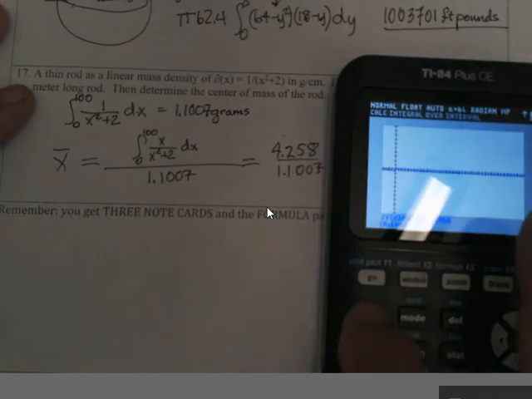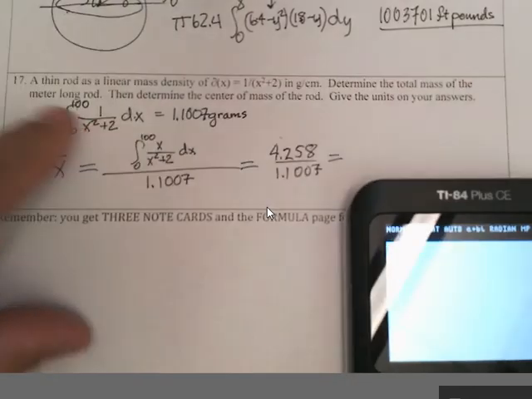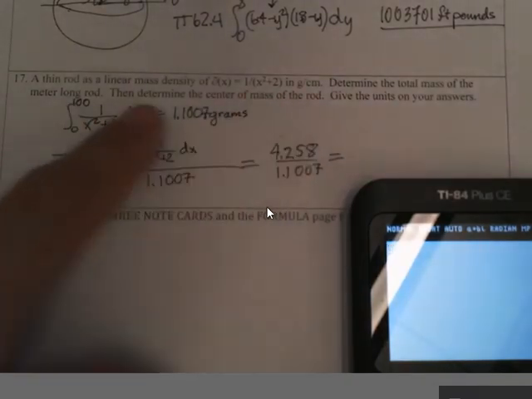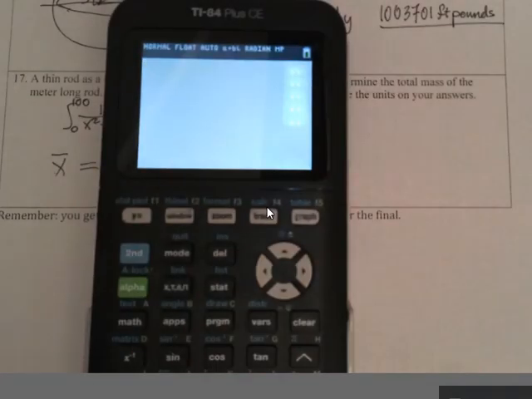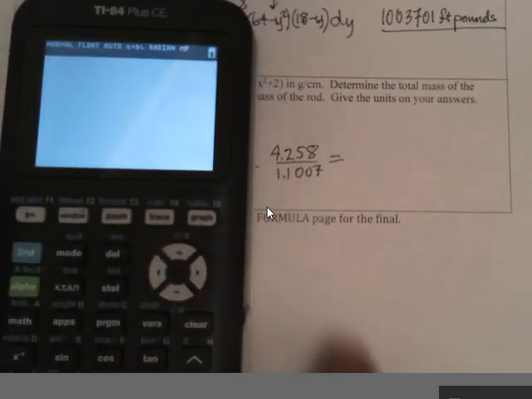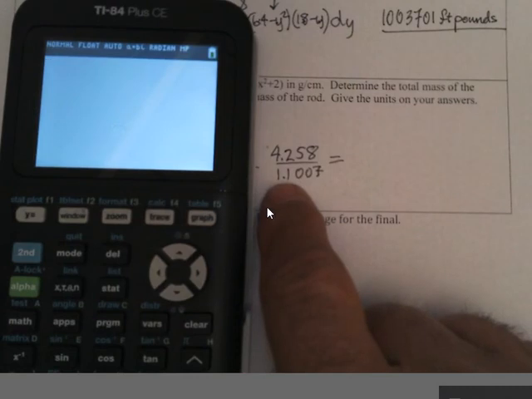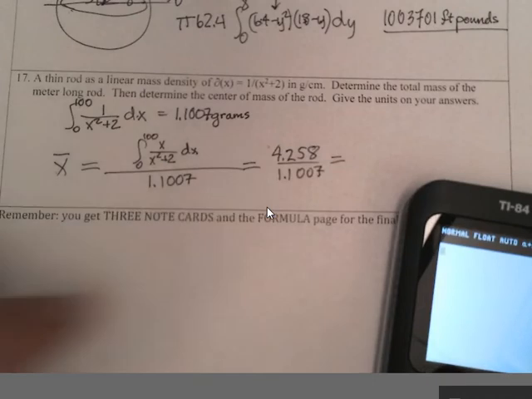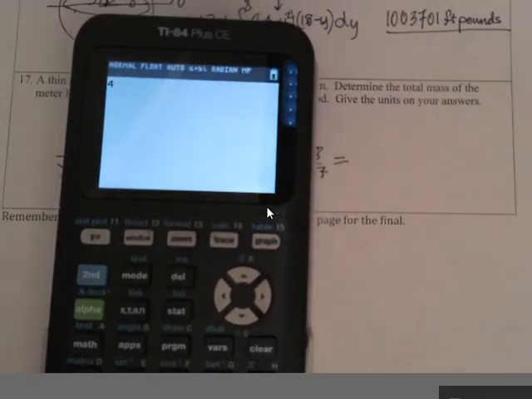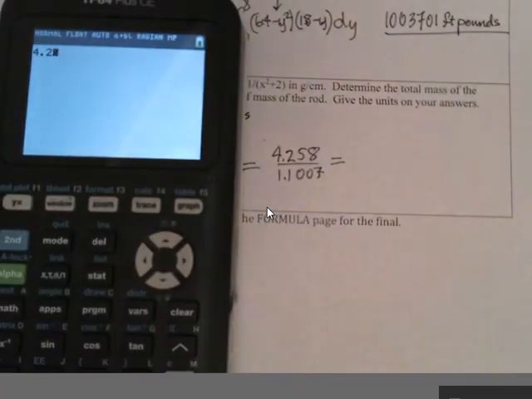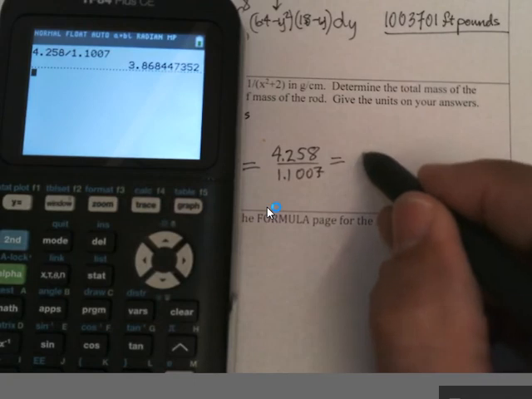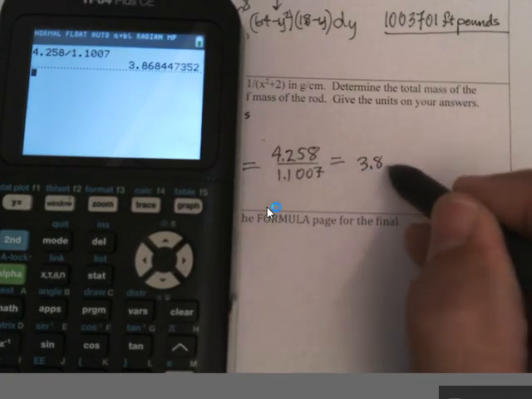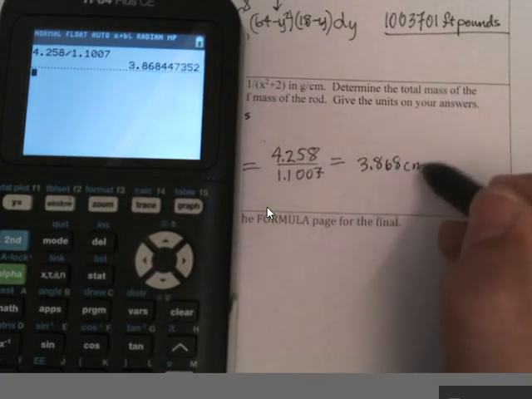And that comes out to be, second quit, it should be somewhere between 1 and 100 centimeters. So it comes out to be about 4 centimeters, a little less than 4 centimeters. 4.258 divided by 1.1007 comes out to be center of mass 3.868 centimeters.